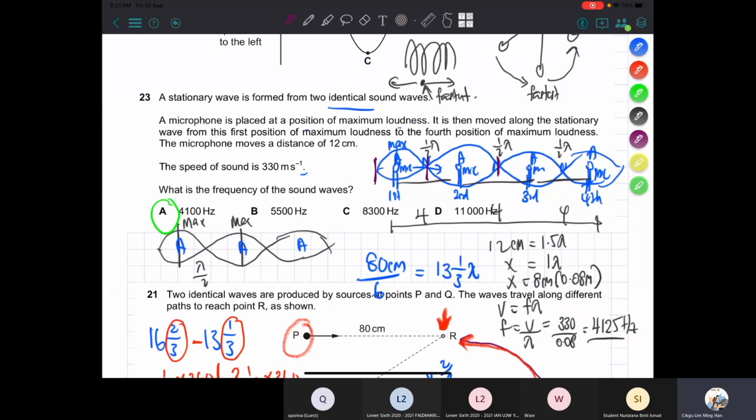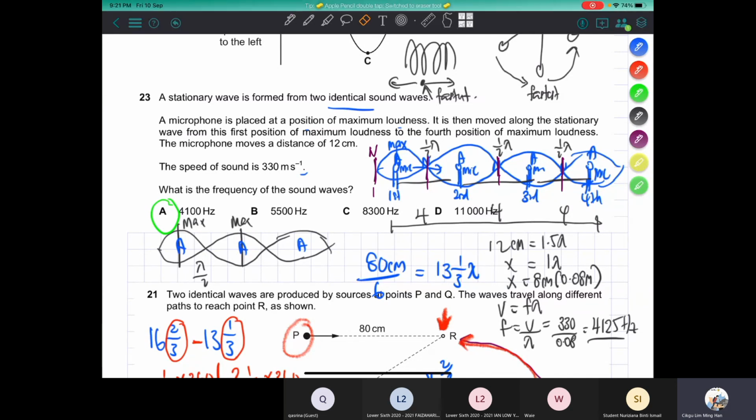You end up in the same answer also. If you use the knot as the loudness, the distance is the same too. You see, first, second, third, fourth. So here will also be 12 cm, and then you also get 4 cm.